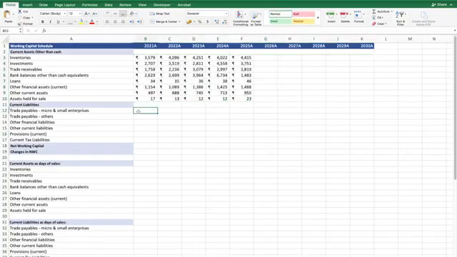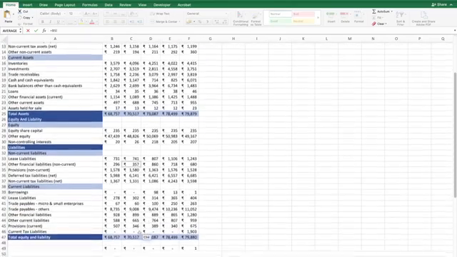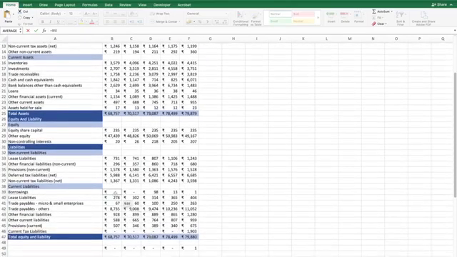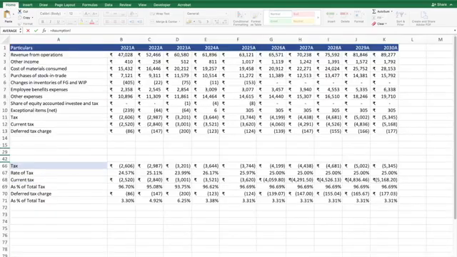Similarly, we'll do it for the current liabilities also. So go to the balance sheet. These are our current liabilities. Borrowings we're not going to take, or we can take also, it doesn't matter.